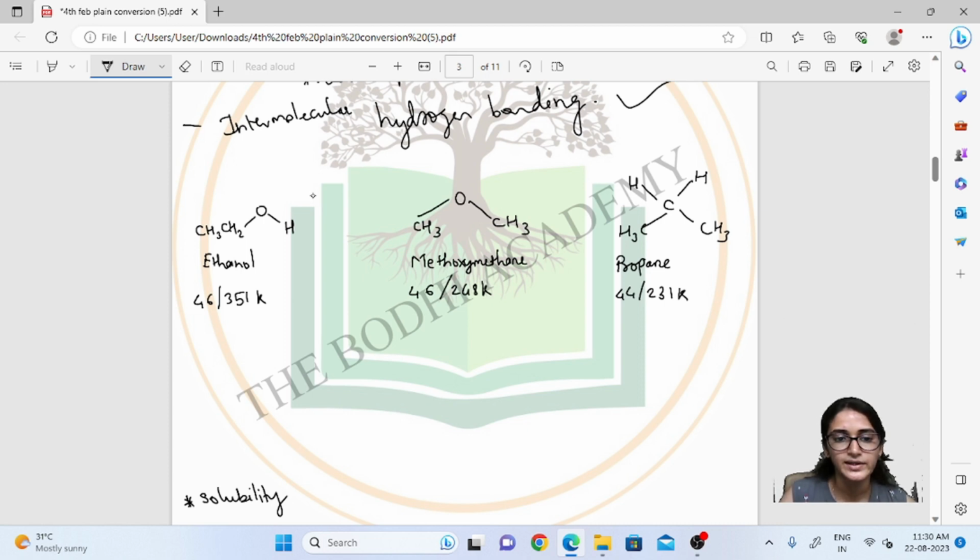In the first example it is 351 Kelvin, in the ether it is 248, and in the hydrocarbon it is 231 Kelvin. Why is there such a difference? It is mainly due to intermolecular hydrogen bonding. In ethanol the boiling point is very large due to intermolecular hydrogen bonding.